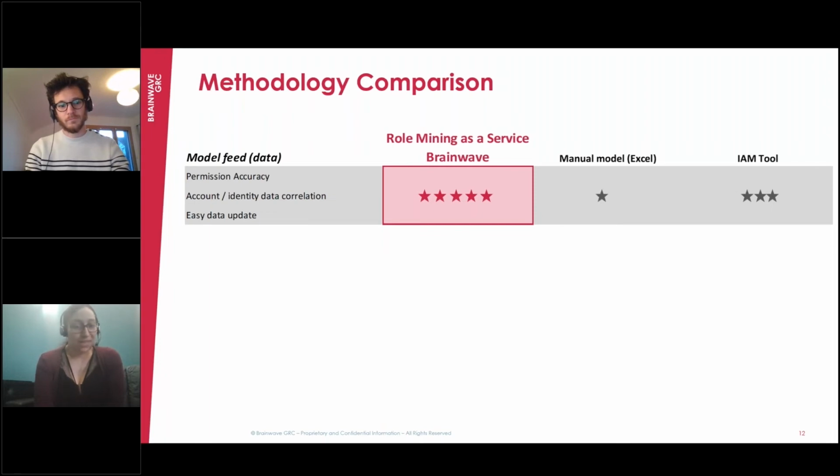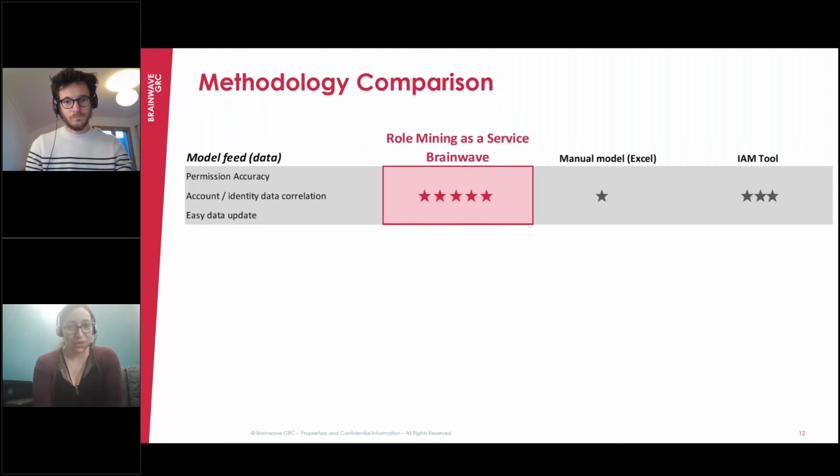There's no way of updating your data easily. For example, you have to perform all the correlation by yourself. Same goes for SQL databases or other kinds of manual tools, with maybe just a slight difference in terms of performance. And with an IAM tool, you can have more automation.